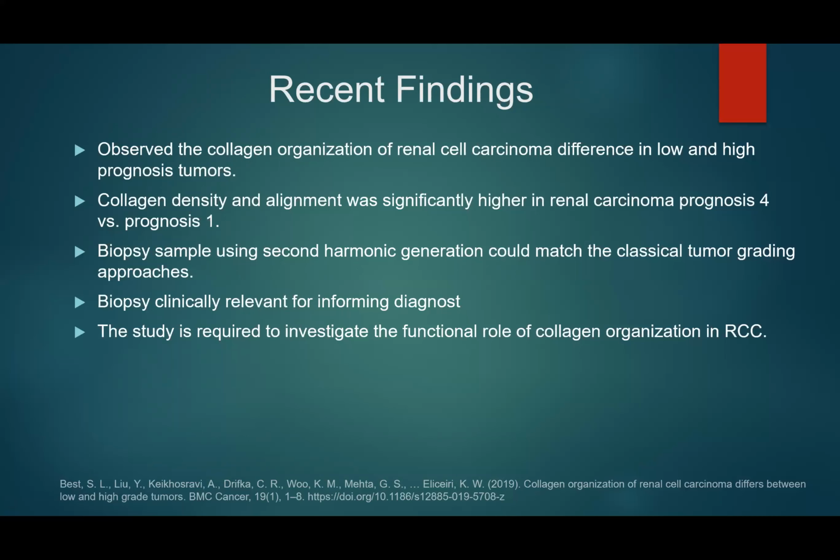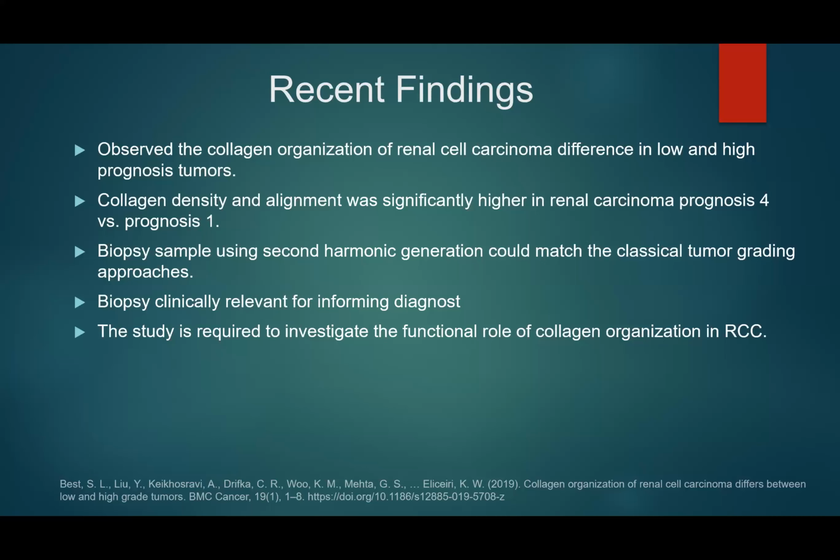So they used a specific second harmonic generation-based imaging to measure the possible differences in collagen organization between high and low prognosis renal cell carcinoma. And what they saw is that the collagen density and alignment was significantly higher in renal carcinoma prognosis 4 versus prognosis 1.